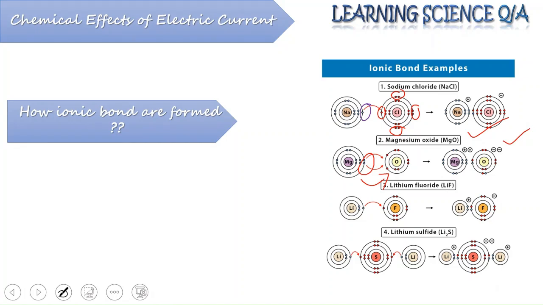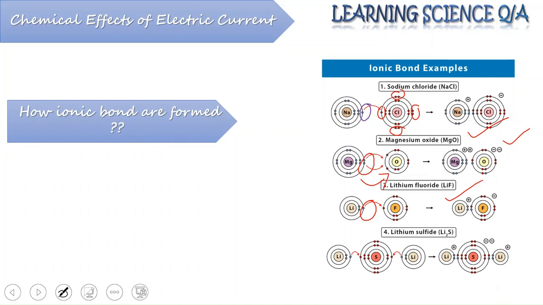Similarly, lithium, again having only one electron in the outermost shell, can easily donate it to fluorine, which has atomic number 9 and only one electron lacking in the outermost shell. So it can easily become lithium positive and fluoride negative ion. So the compound formed will be lithium fluoride.